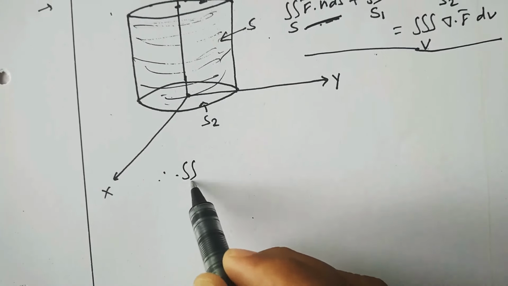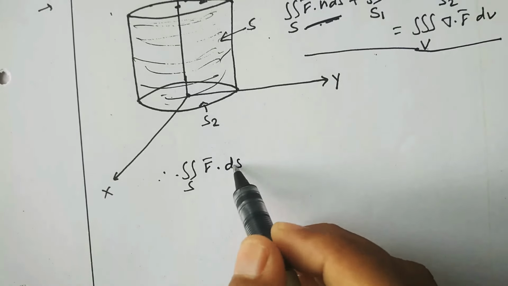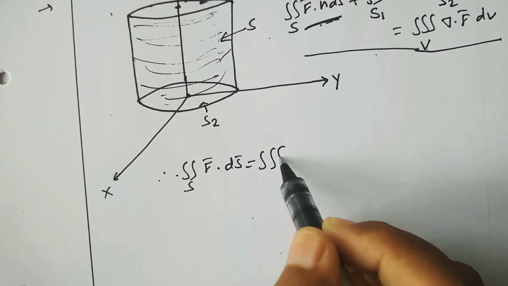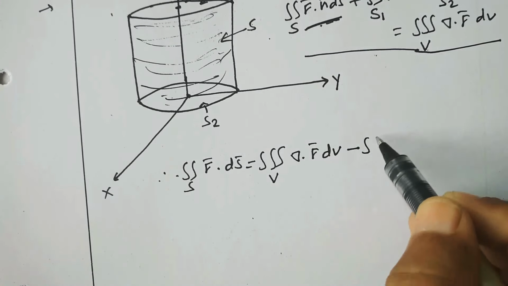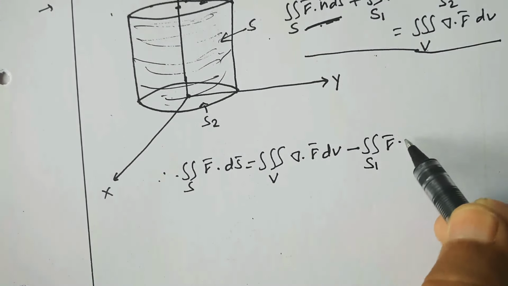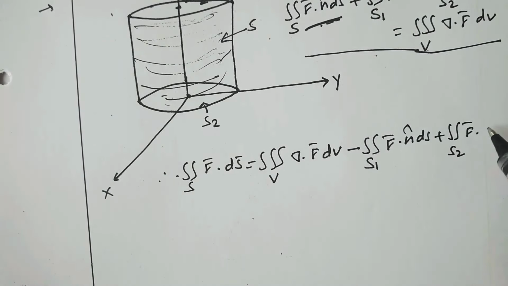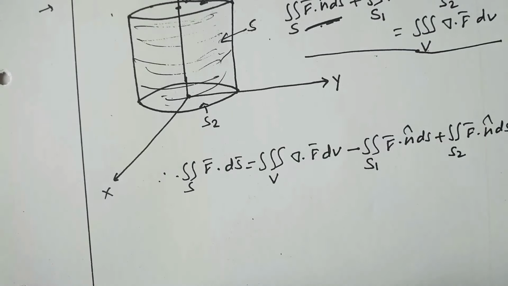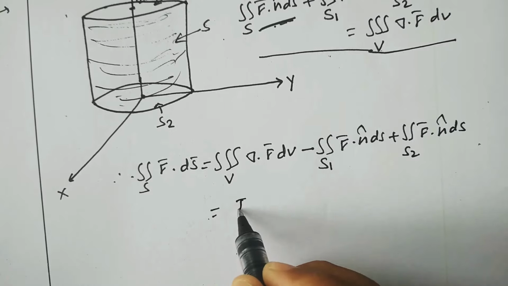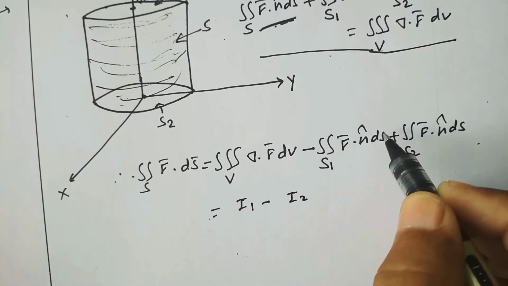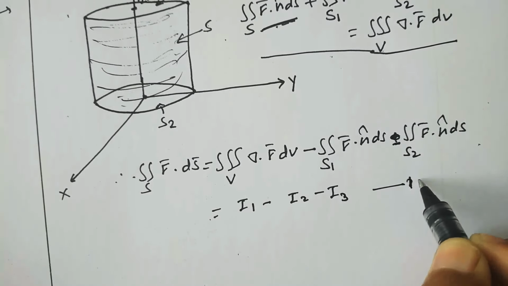Therefore double integration over surface S of f bar dot n cap dS equals triple integration over volume V of del dot f bar dV minus double integration over S1 of f bar dot n cap dS minus double integration over S2 of f bar dot n cap dS. Call it I1 minus I2, and again a minus sign, minus I3. Call it equation number 1.